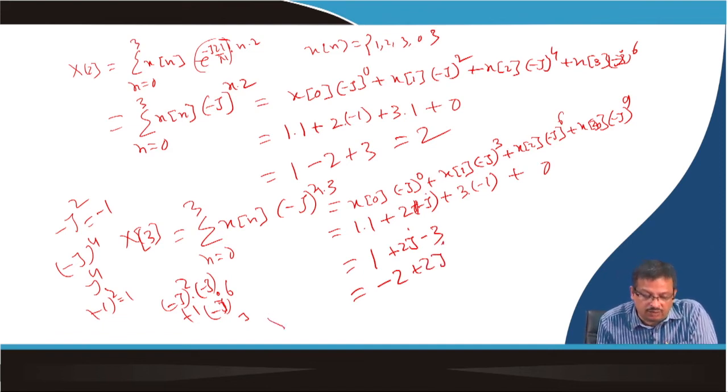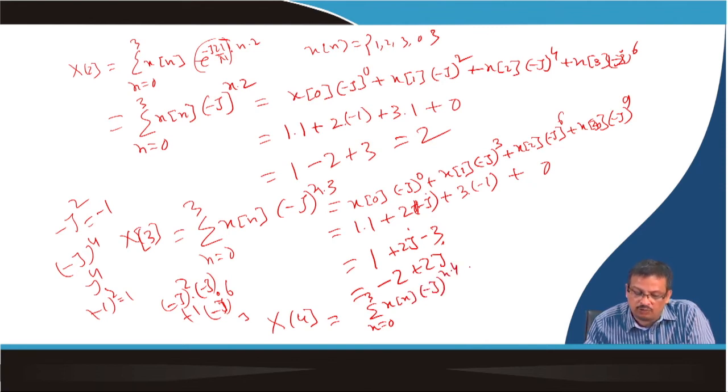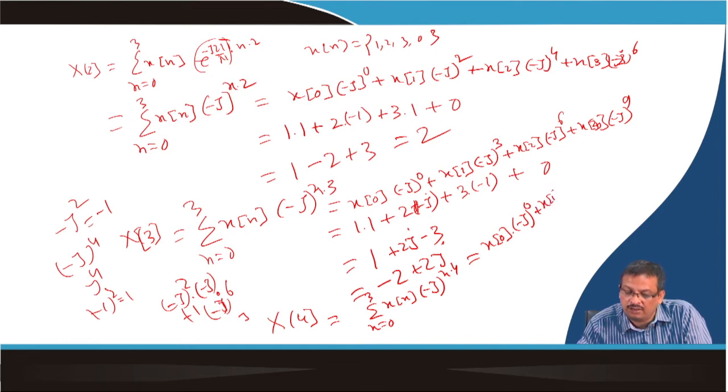Similarly, x of 3 is done, now x of 4 also. X of 4, if you see, n equal to 0 to 3, again x of n into minus j to the power n into 4. So which is again x of 0 into minus j to the power 0, plus x of 1 into minus j to the power 4, plus x of 2 into minus j to the power 2 into 8, plus x of 3 into minus j to the power 3 into 4, that is 12.